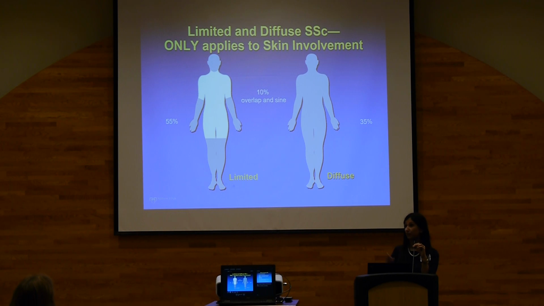But that's very helpful if they have it, because then it's easier for the diagnosis to get clinched, but many don't. They may have a positive ANA or anti-nuclear antibody test, but may have no skin disease at all. On the other hand, their internal organ manifestations are classic for scleroderma, and so that is the variant that's called systemic sclerosis sine scleroderma, which means they don't have the skin thickening part of it.